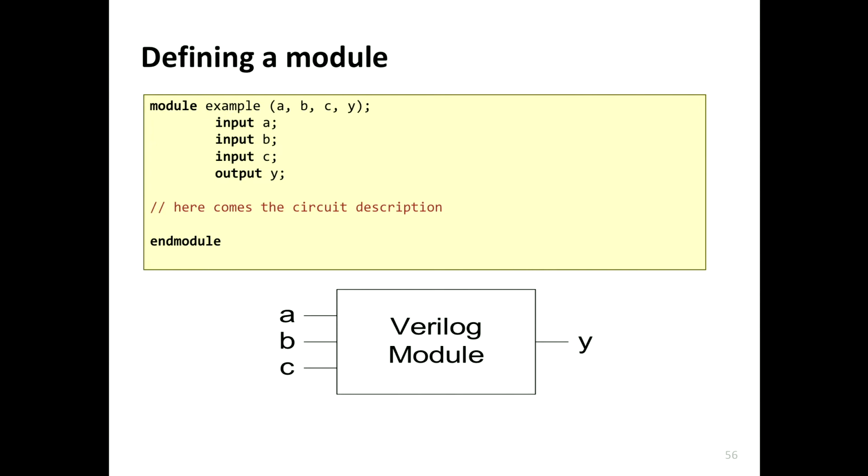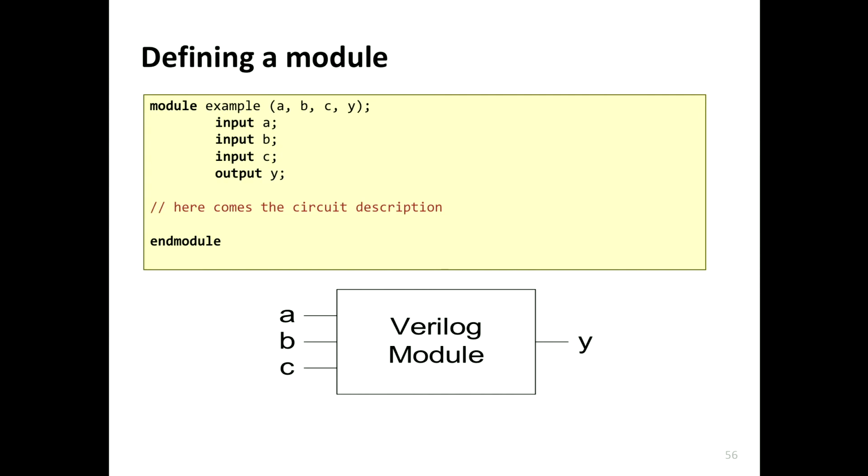So you say module, and then you give a name for your Verilog module. It can be example, and then you list all the signals that are inputs and outputs of the module. You don't have to worry at this stage about what happens inside the module.